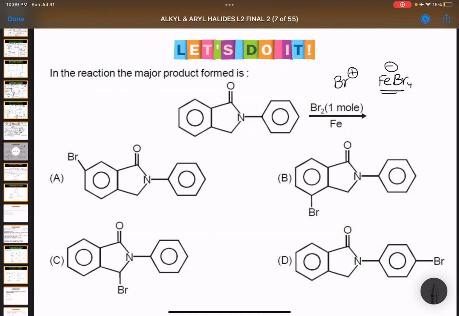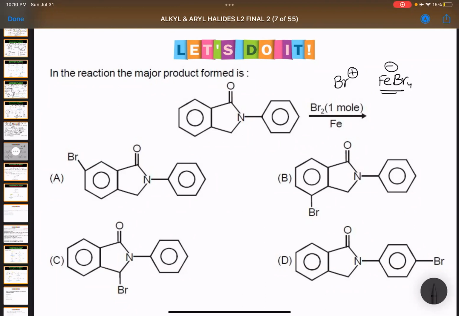So tell me what is going to be the answer. Very simple question, but very important. And I already gave the hint that you will attach Br to benzene, either of the two, either the right benzene ring or the left one, because Br2 with Fe is given.